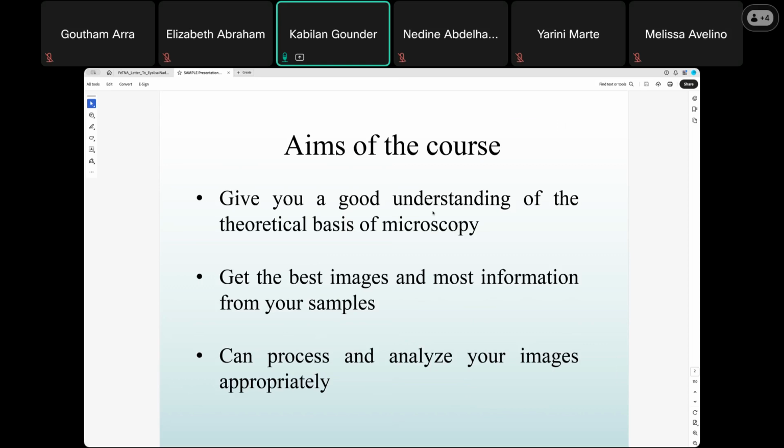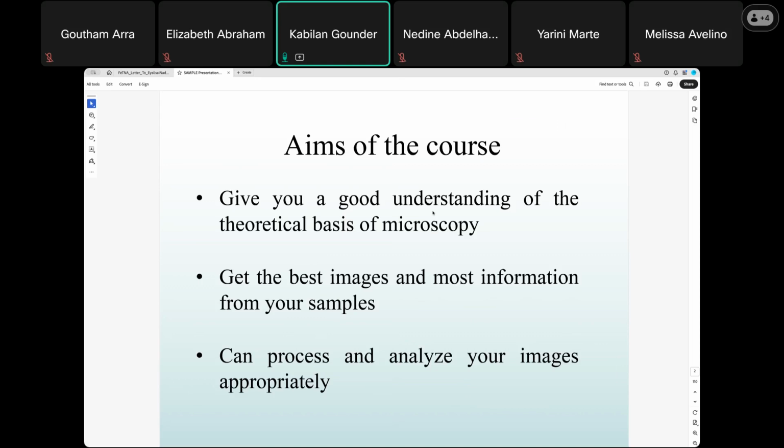Also, how do we process? The process is very, very important for any microscope, because if it is not properly handled, then your images will be affected, and ultimately the information you get from this is not valid.